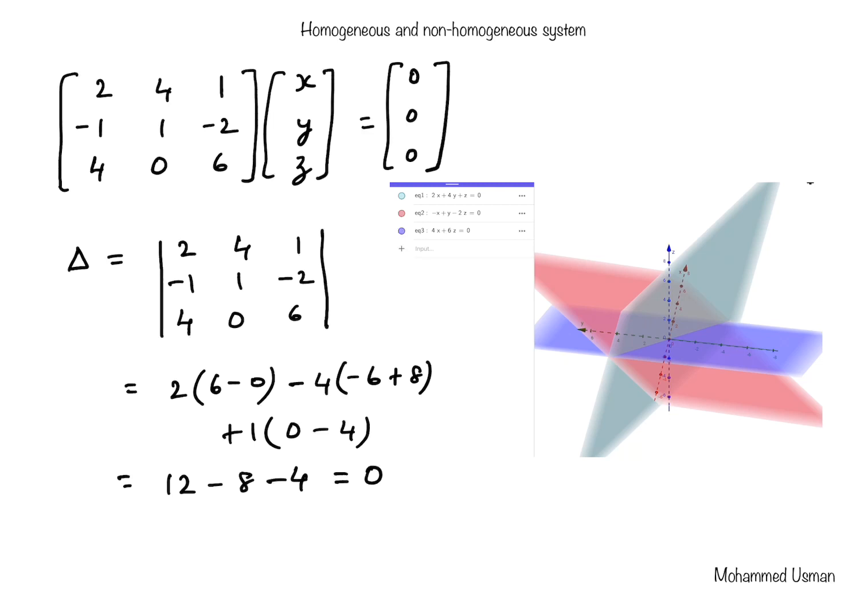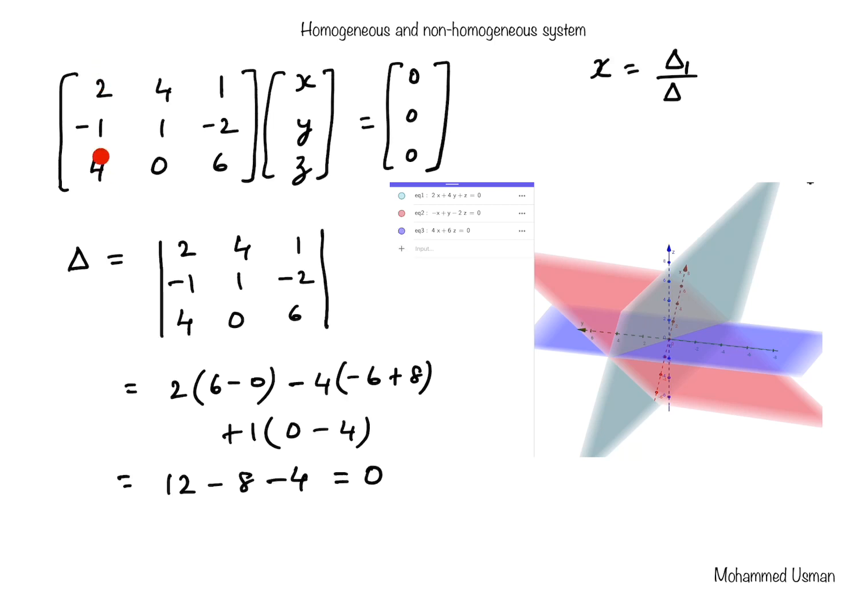Simply because in Cramer's rule, we find, for example, x equal to delta 1 by delta. And delta 1 obviously is also going to be 0, because when we replace the entire first column with these zeros, the determinant is going to be 0. If we have a matrix in which an entire row or an entire column has zeros, the determinant value will be equal to 0.